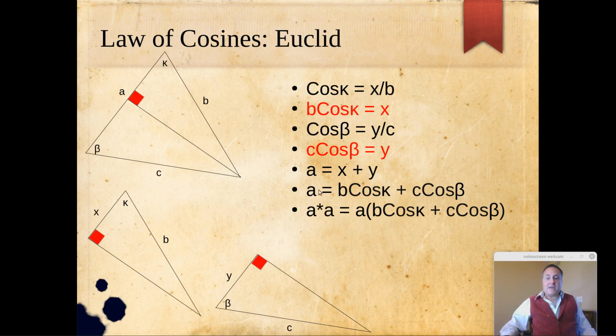And because I'm able to, and because I want to, I multiply both sides by a. And so we get a times a equals a times this quantity, this sum within the parentheses, and I distribute a into the parentheses, and I get a squared equals ab cosine kappa plus ac cosine beta. This result is of value to us as well. I now have a value for a squared, for b squared, and for c squared.